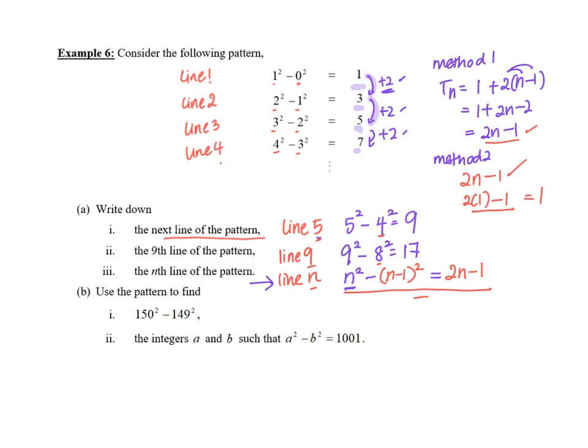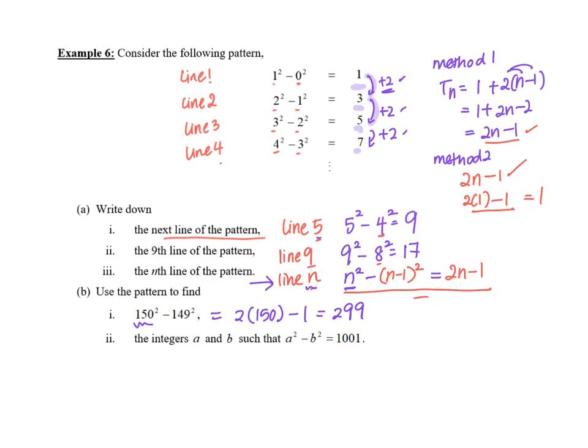That means 150 square minus 149 square, our n will be what number? 150. So if I use this pattern, I'll get 2 times 150 minus 1. That gives me 300 minus 1. That will be 299.